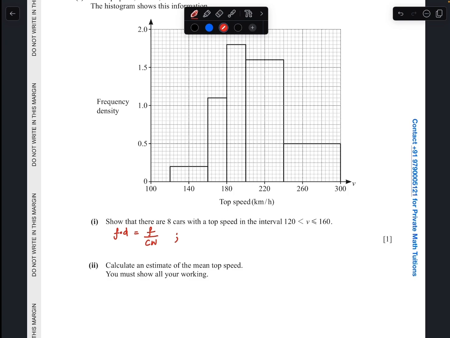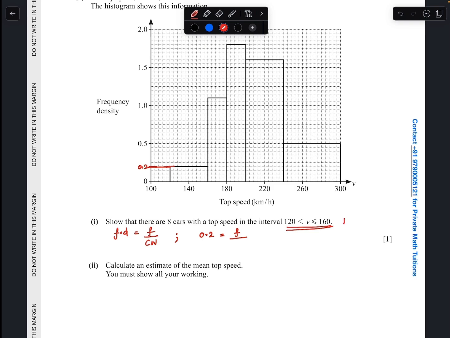So now for 120 to 160 in the graph, look at the graph. Let's mark this height. So this is 0.2, 0.1, 0.2, 0.3, 0.4, 0.5, right. So the frequency density 0.2 is equal to F divided by the class width.